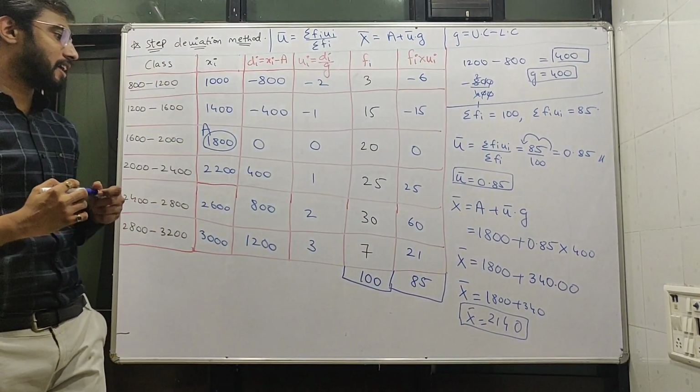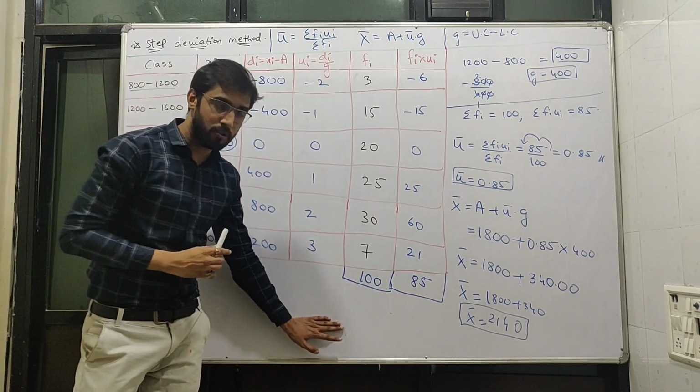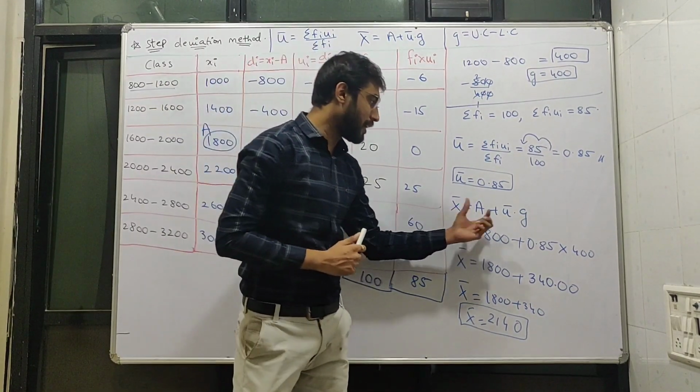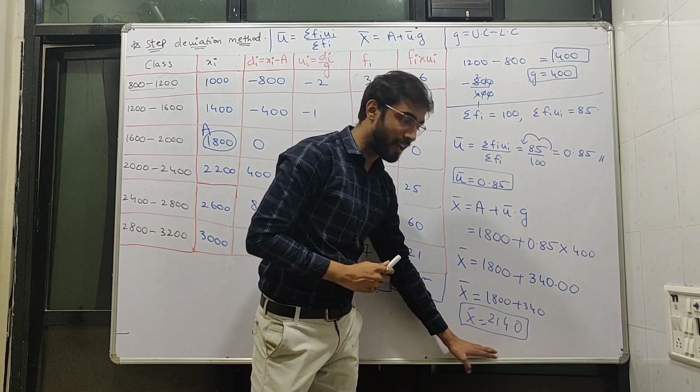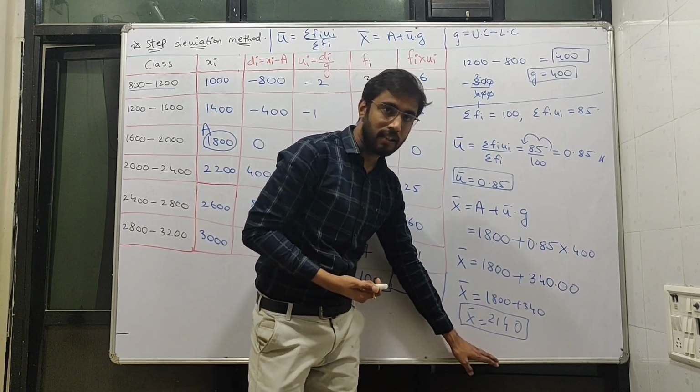Okay, so the final value for X bar is 2140. Calculate it as you like and check out the final answer here as 2140. Cross check it with us.